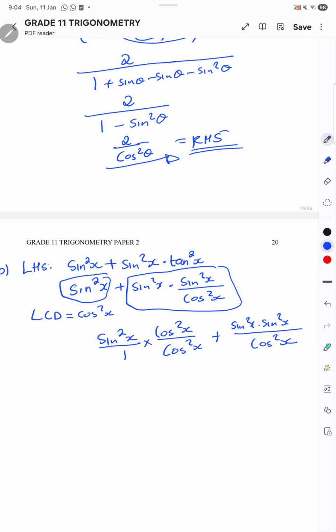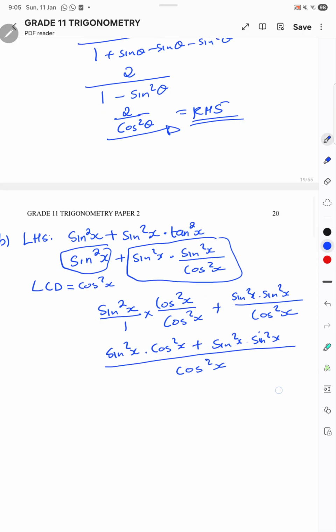Now from there, when you do the top part, you'll have sine squared x times cos squared x plus sine squared x times sine squared x. So you can make it sine to the power 4 x over cos squared x.